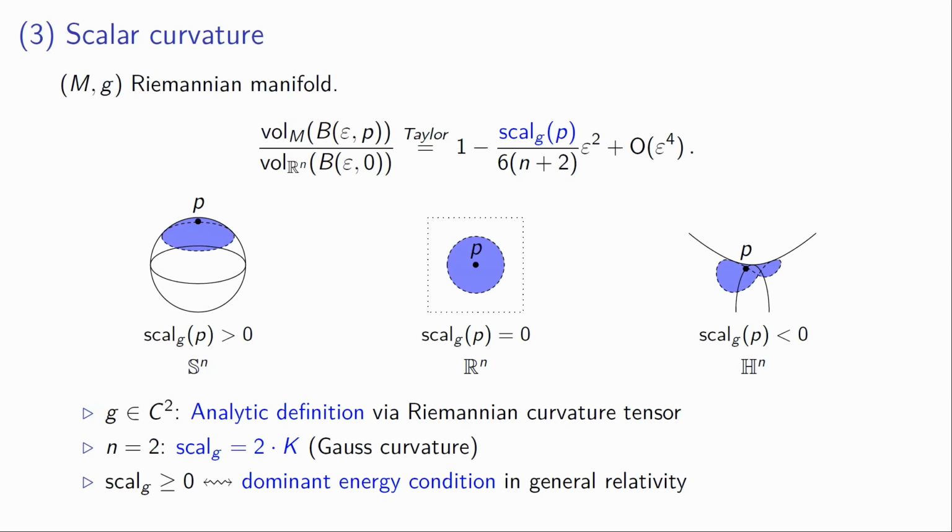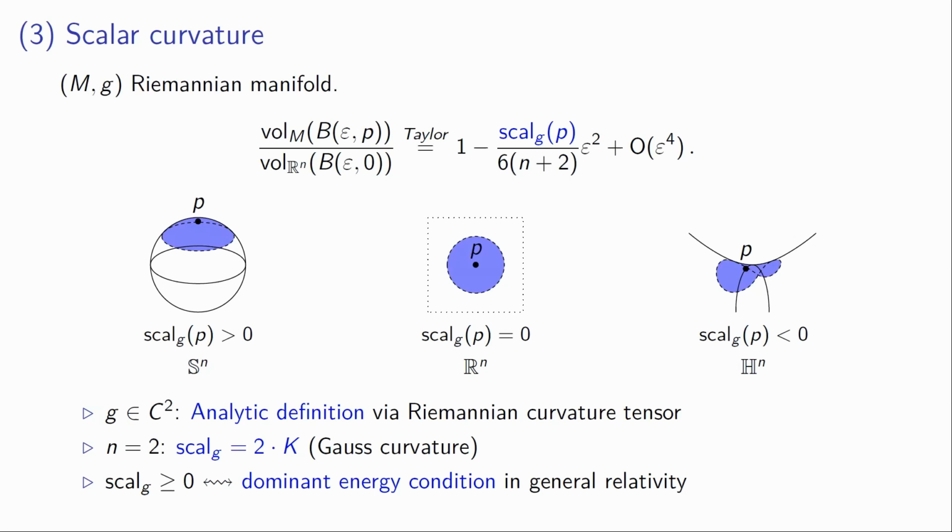So, okay, the first thing is, of course, we have an analytic definition, which we learn in courses about Riemannian geometry using the Riemannian curvature tensor. In dimension 2, the scalar curvature is basically the Gauss curvature. It's 2 times the Gauss curvature from elementary geometry of surfaces in a 3-dimensional space.